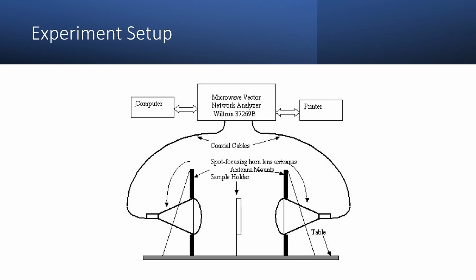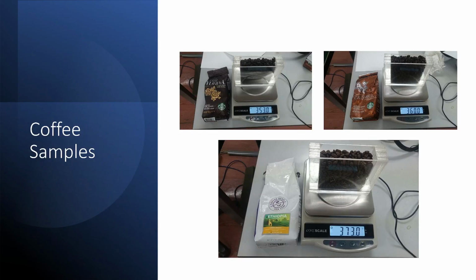What we want to do here is we put some materials that we want to test in between. So as the microwave is beamed through the material of interest, we get certain readings that we can use to characterize the material that we want to test.